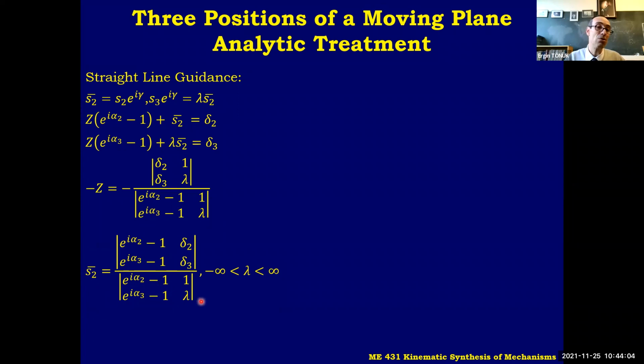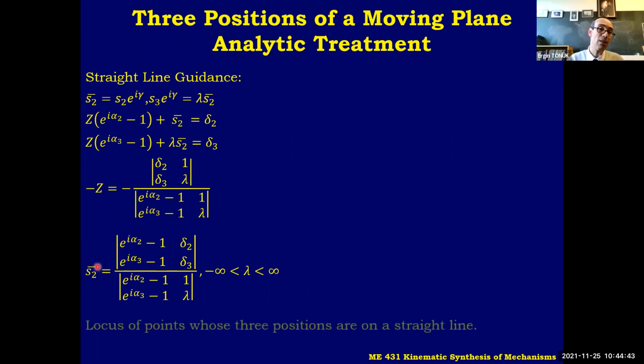And what you can do is either you can change lambda in between any practical values you like, or theoretically, actually, it can vary from minus infinity to plus infinity. So you're going to obtain the location of your point, and also S2 shows a complex number, which is the displacement of point A from position 1 to position 2, which also contains the angle gamma.